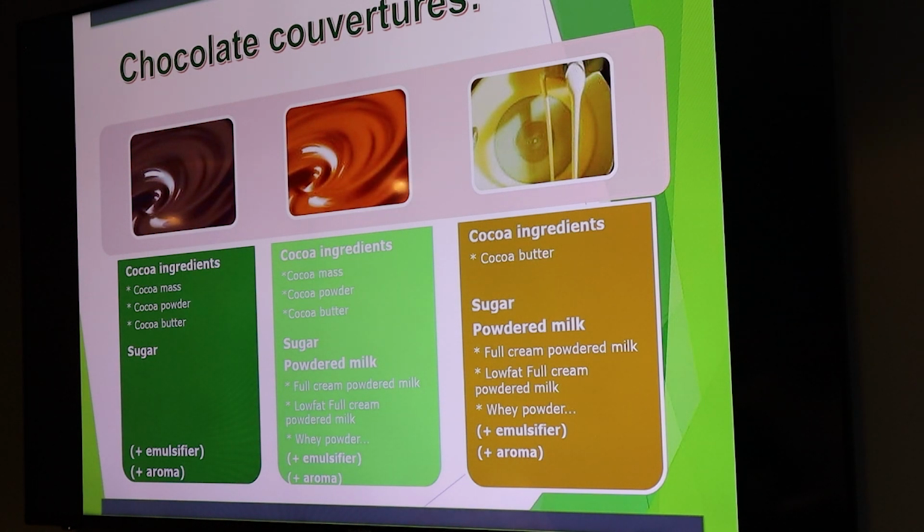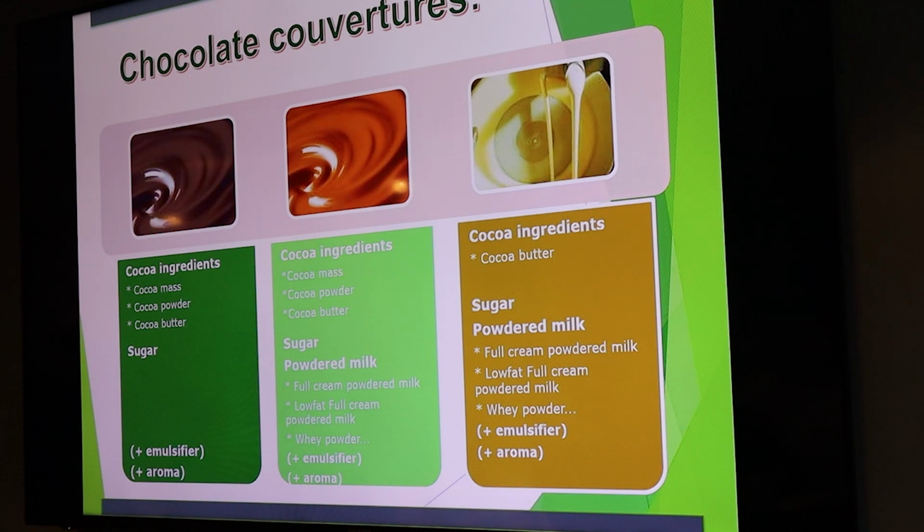And people think, okay, this is a really good white chocolate, but it's not true because it contains a lot of milk powder. This milk powder will have a huge impact in white chocolate, and due to oxidation, it will shorten the shelf life. So it's not a high quality chocolate when it comes to very white chocolate.